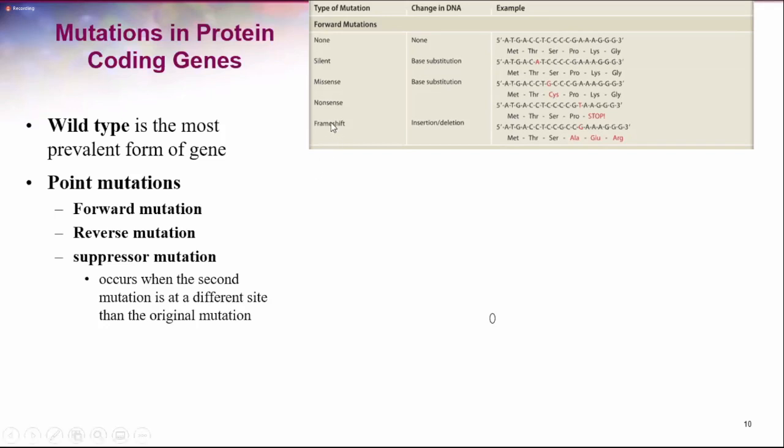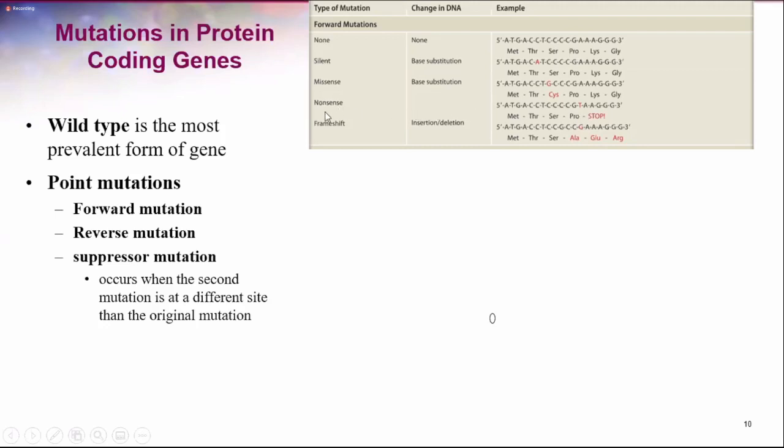Then you can have another type of substitution where one base is changed for another, so that we have converted the lysine codon, which was AAA, into a TAA. So this first A was substituted by a T, and the result is that this corresponds in an mRNA to UAA, and UAA happens to be a stop codon.